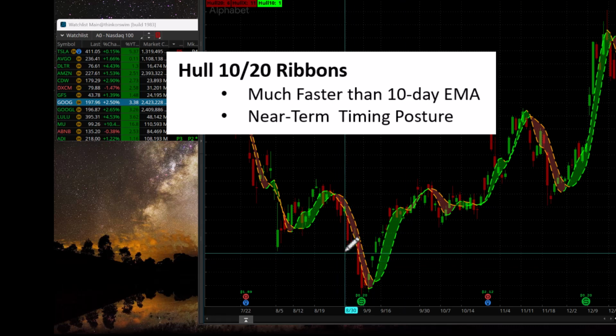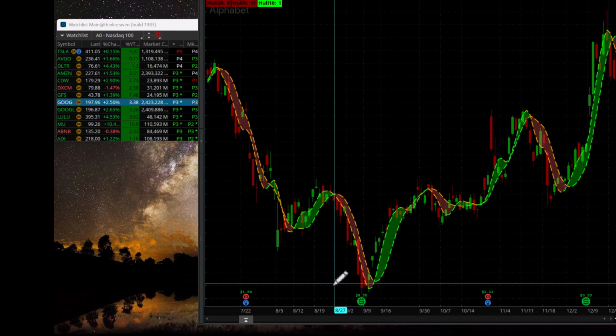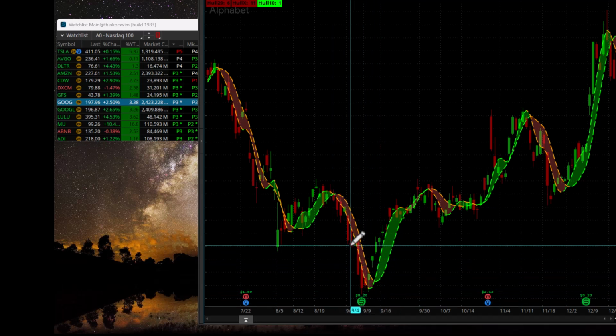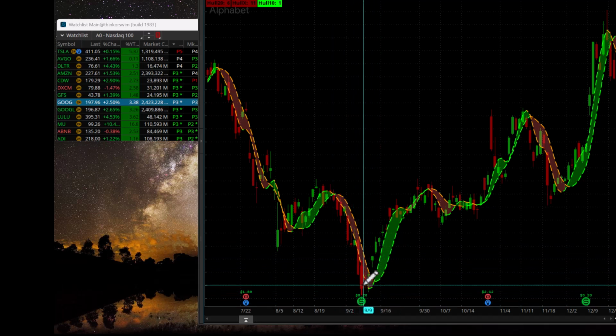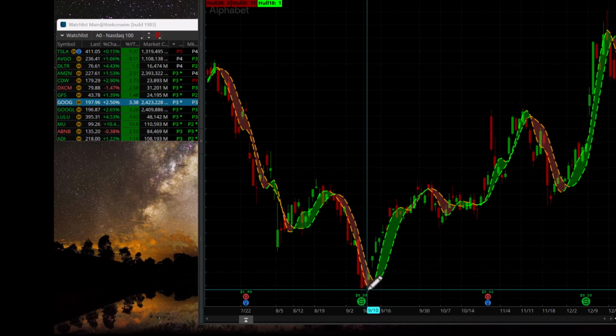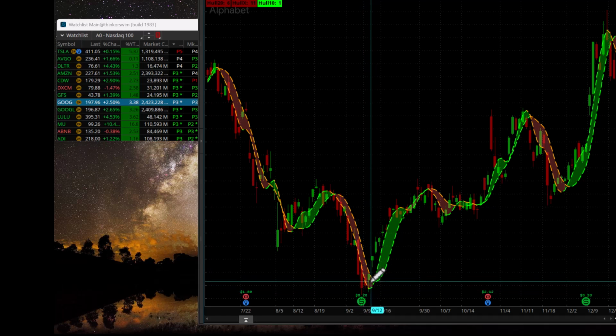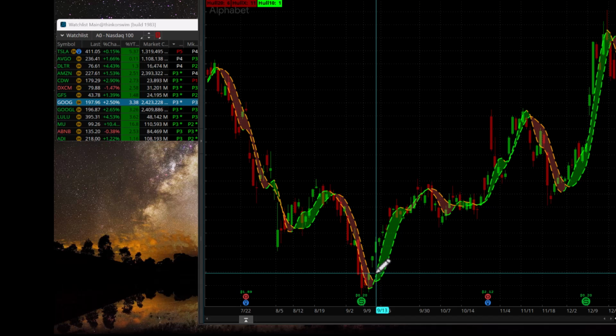If you look, the optimal time to buy would be down here at support, which means that the 10-period Hull moving average would just be on the verge of either turning around, which it is right here, or having just crossed through the Hull 20.